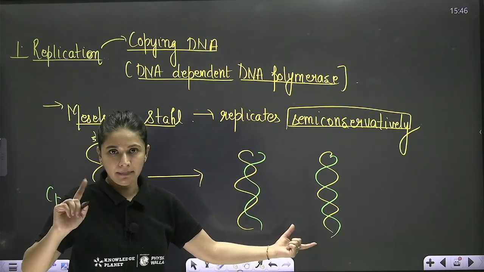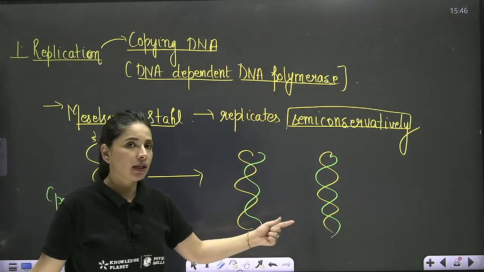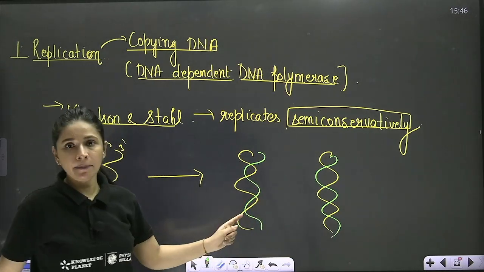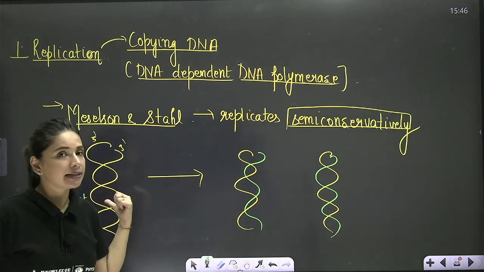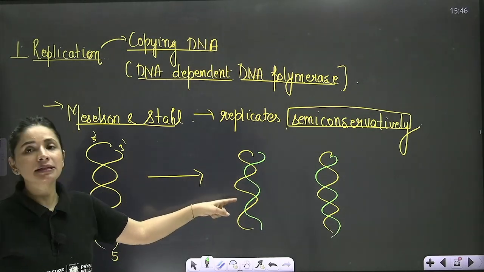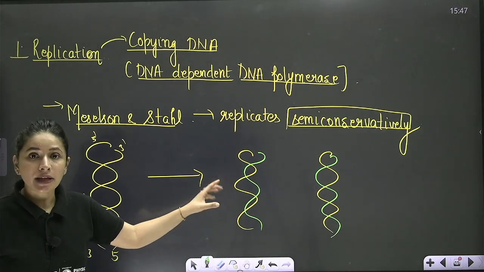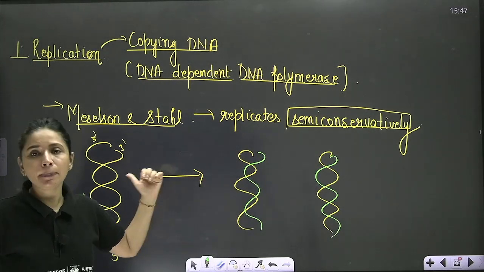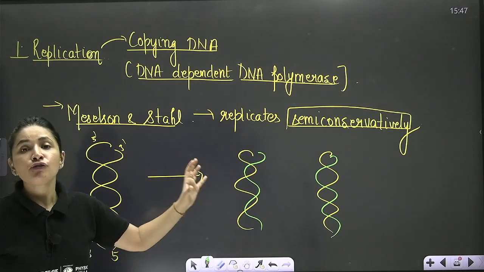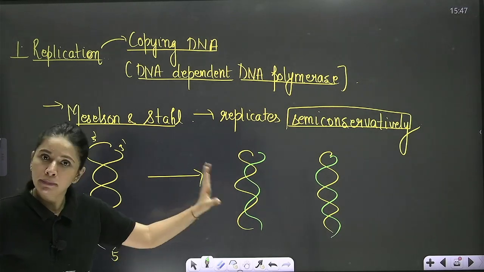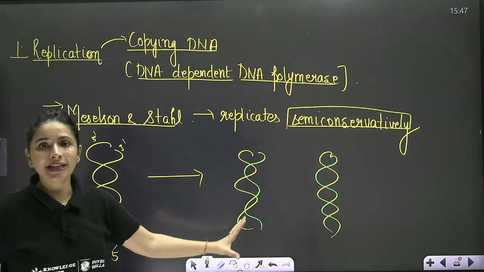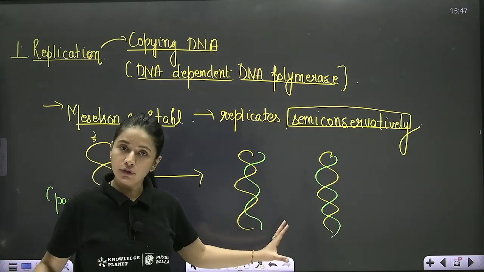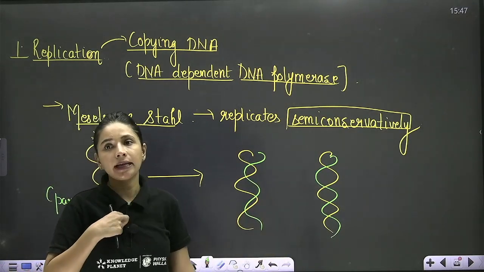Okay, first point. Second point, you have seen that both the daughter DNA have one chain same as that of the parent, that is the yellow color, and the second chain is completely new. So you have conserved the parent DNA by 50%. Half is old, half is new. So 50% of the DNA is new in the daughter and 50% is old.